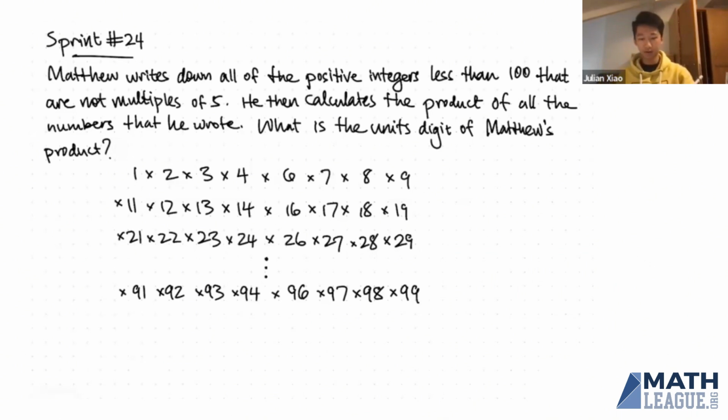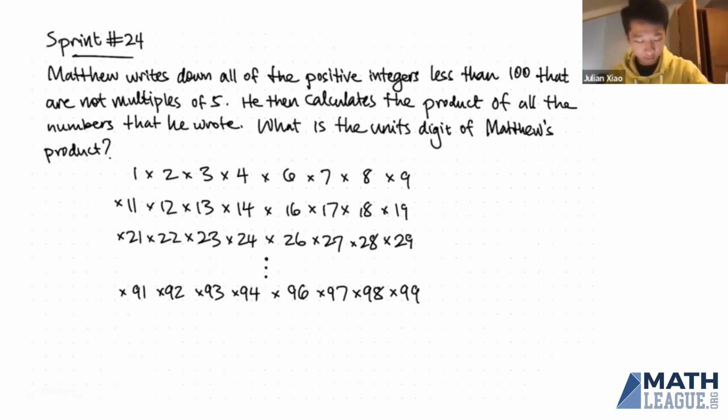So here I've written just part of a list of all of the numbers from 1 to 100 that are not multiples of 5. The way that I've written this, I want you to notice a pattern that will eventually help us solve this. If I have absolutely no idea what I'm doing, I can at least try a few numbers.